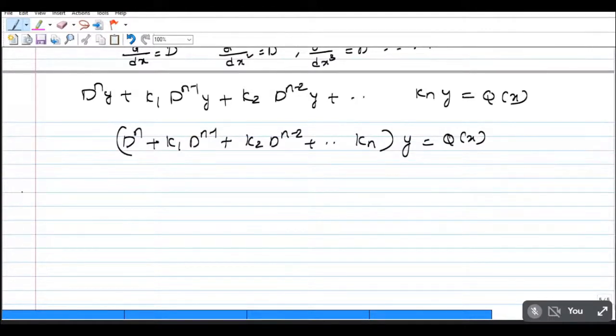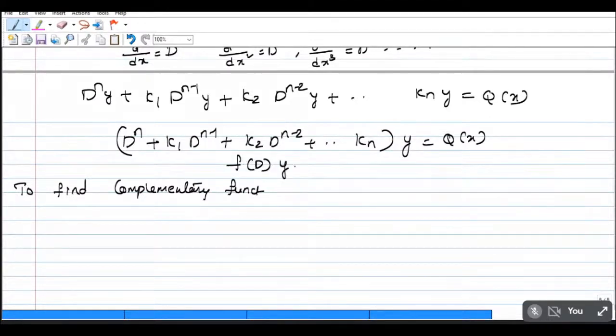To find the complementary function, I will write this in the form f(D) y = q(x). What is f(D)?